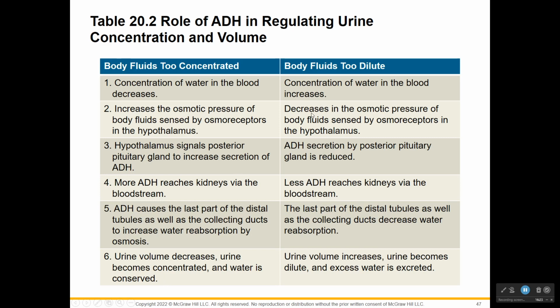If your body fluids are too dilute, the concentration of the water in the blood is too high, and that can be an issue. So what do you need to do? Well, you need to not release as much ADH.